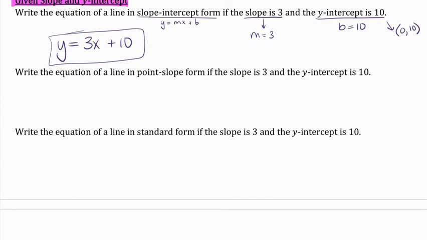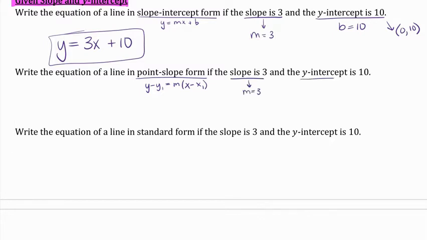Now you might be asked to write the same kind of thing, but in the next one, I want to write the equation of the line in point-slope form. Point-slope form is y minus y1 equals the slope times x minus x1. For this one, we want a slope and a point. So my m is 3.